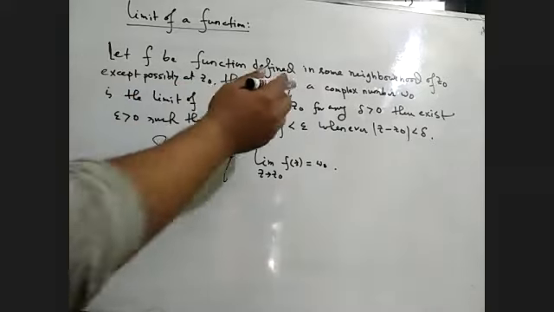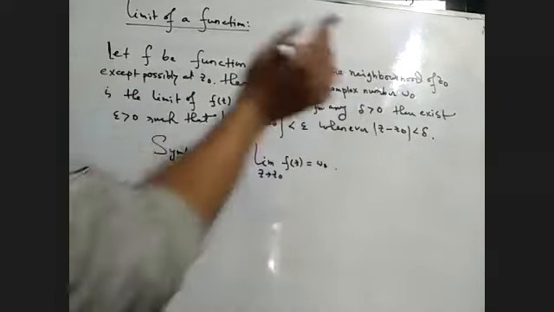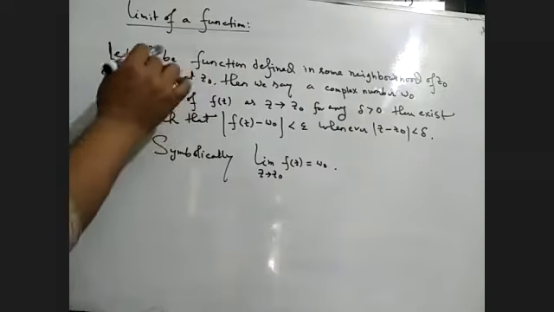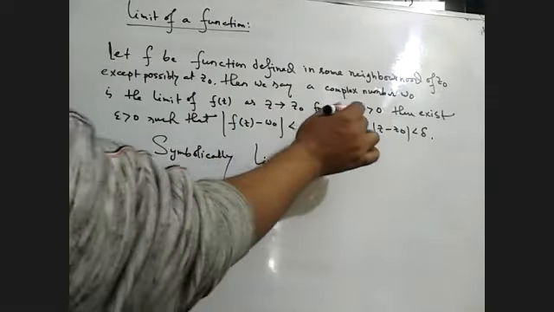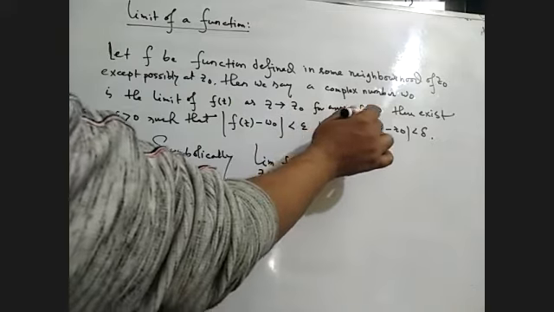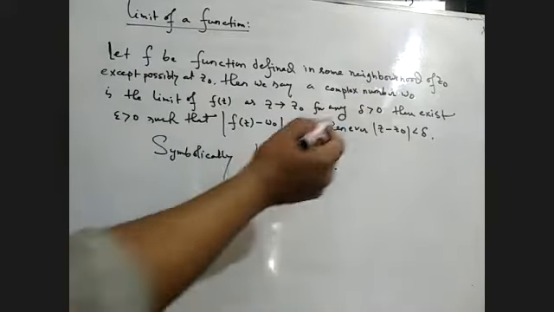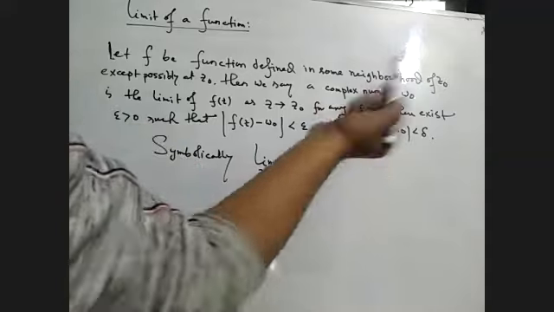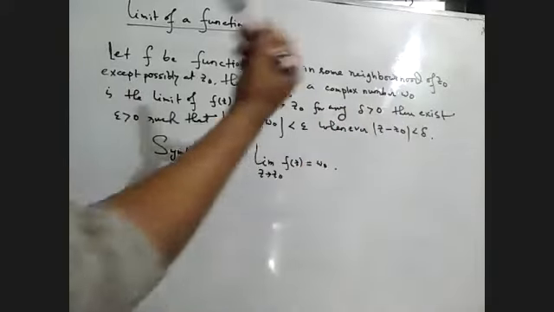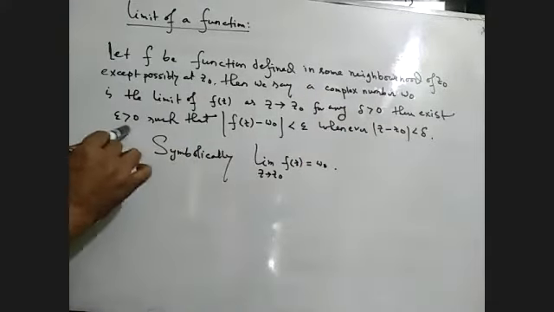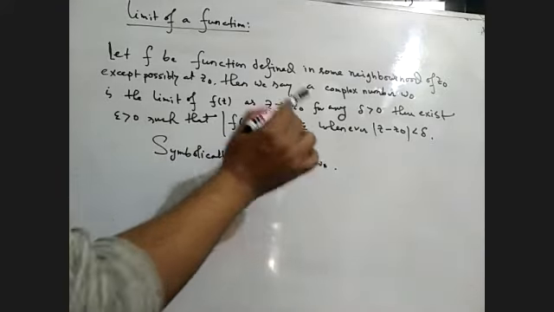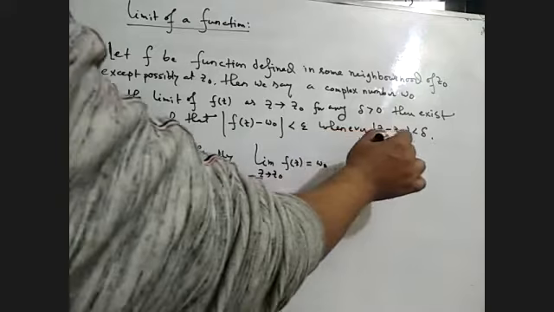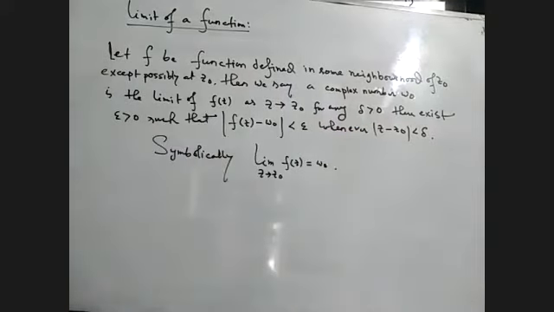Then we say a complex number w naught is the limit of this function f of z as z tends to z naught if for any epsilon greater than 0, which is very small, there exists del greater than 0 such that modulus of f of z minus w naught is less than epsilon whenever modulus of z minus z naught is less than del.